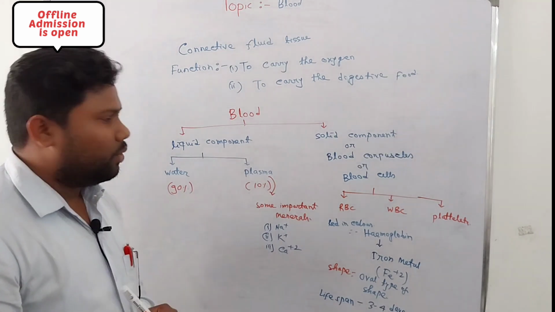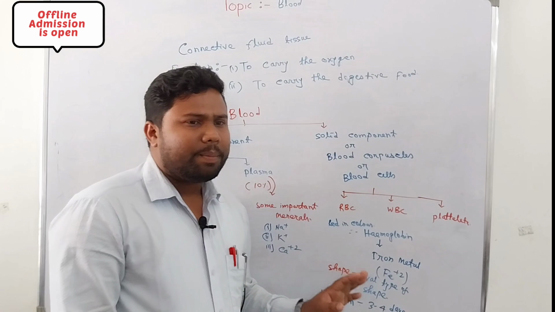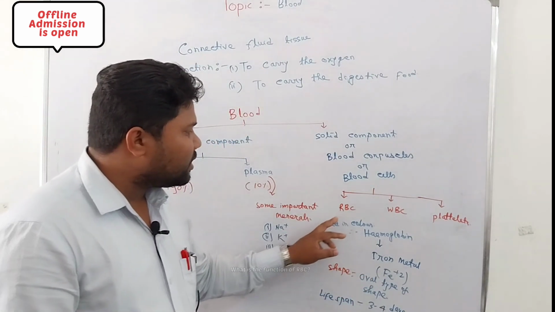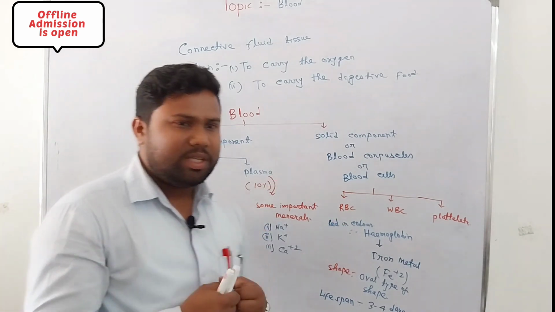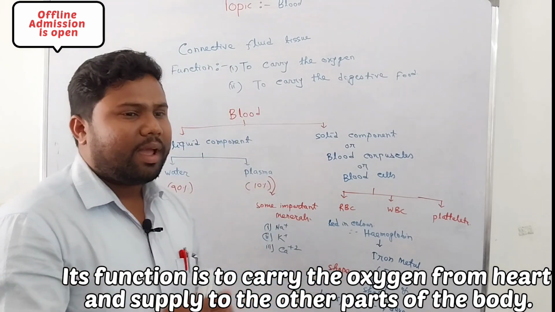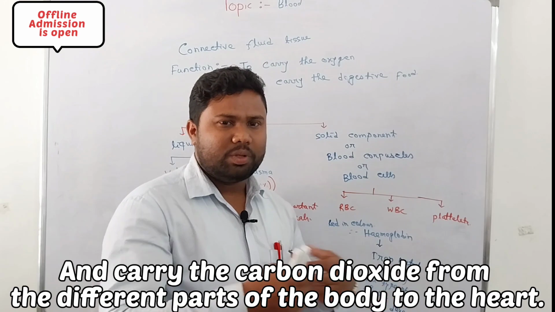Now we are going to discuss the functions of the RBC. The function of the RBC is to carry oxygen from the heart to different parts of the body, and to carry carbon dioxide from different parts of the body to the heart.